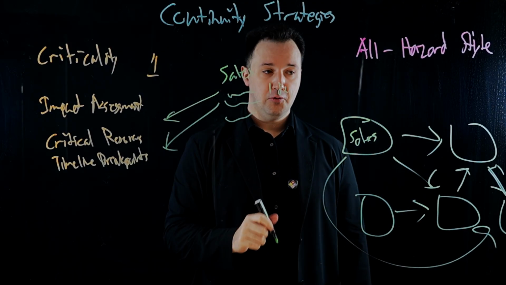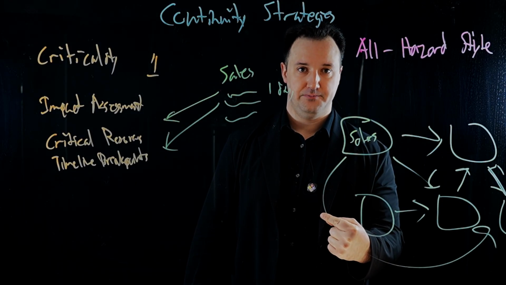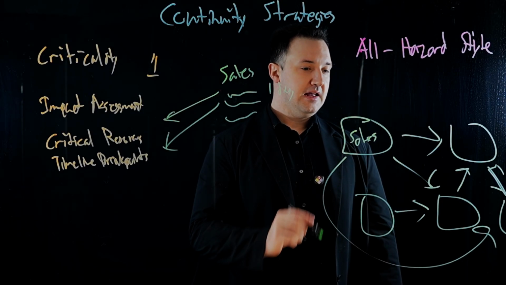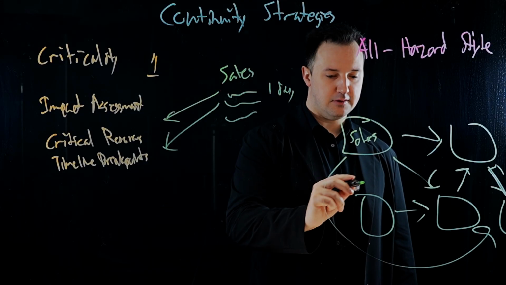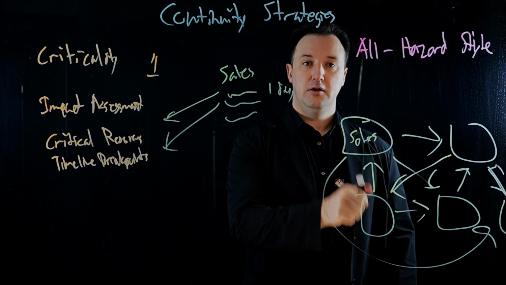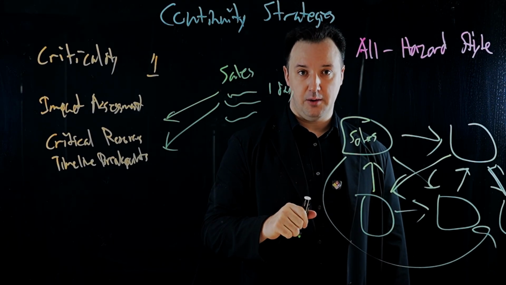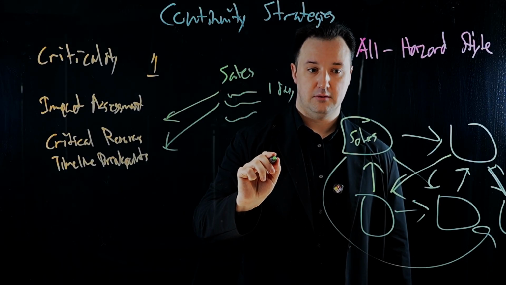And you're going to find out every way something can shut that down. So if it leads back to sales, which in this instance nothing leads back to sales, if it leads back to sales, you have to make sure that it's back up in time so that this is protected.